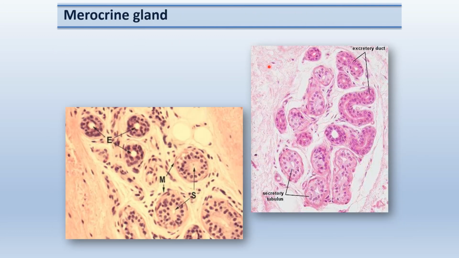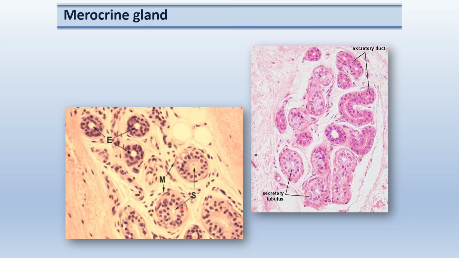This picture shows the merocrine glands. Merocrine glands consist of two parts. This is the secretory part, and this is the excretory part. In the secretory part, there are three types of cells: clear cells, dark cells, and myoepithelium. Clear cells secrete the sweat or secretion from the merocrine glands.